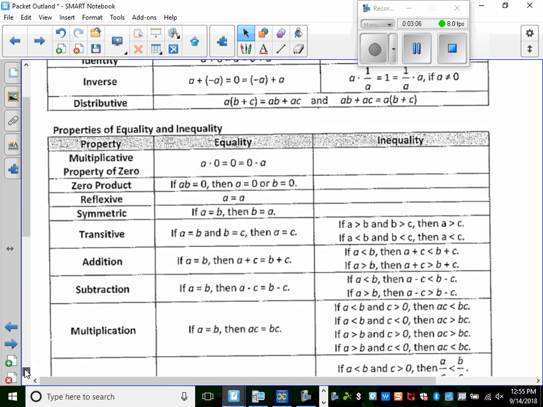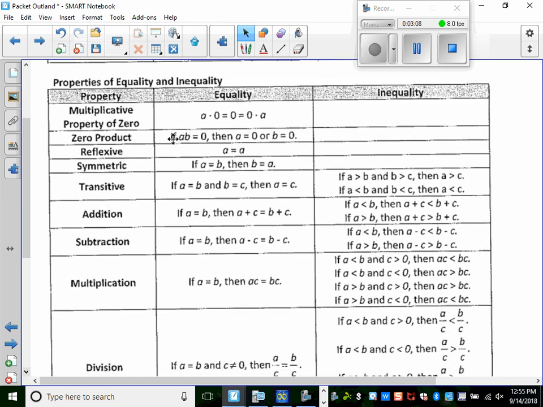All right, so let's take a look at the two categories here. This category says equality, and the word you see in equality is equal. So these will be the ones that all have equal signs in them. Inequality simply means they're going to have greater than and less than symbols.